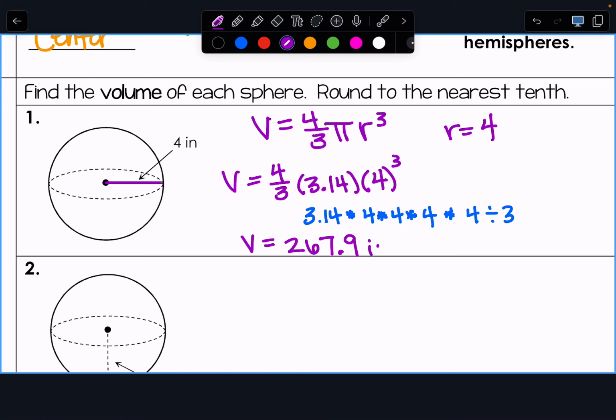Are you getting 267.9? Because if you're not, then I need to help you with your calculator, or somebody else needs to help you.